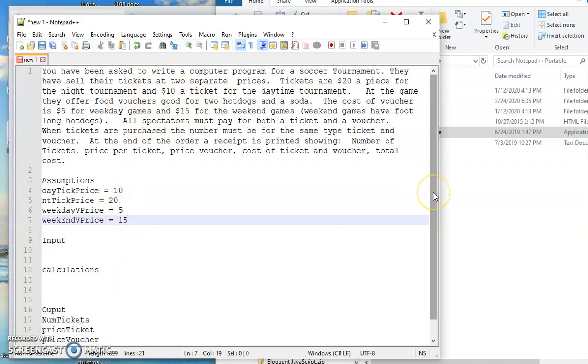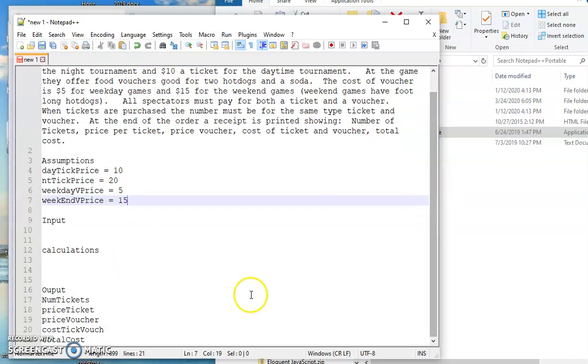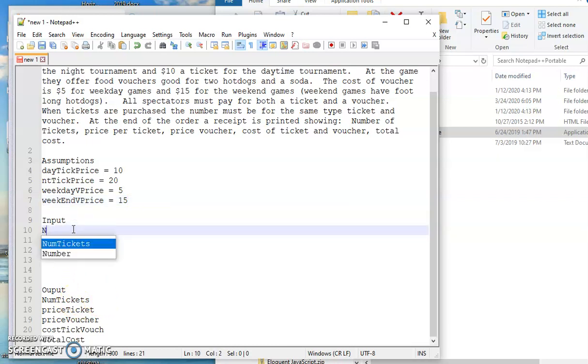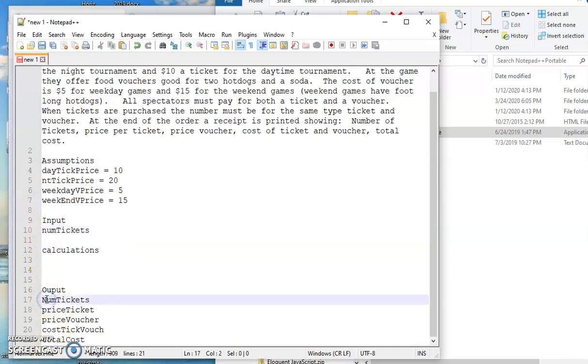Now we need to go down and finish up down here. We have to determine which of these are going to be input and which of these are going to be calculations or logic. And number of tickets is the only one that's input. Someone has to tell me what that is. So I can come up here and type num tickets, and you can see that I don't like that. All right, so it should be a small n, and this should be a small n.